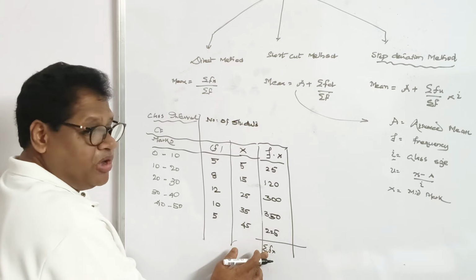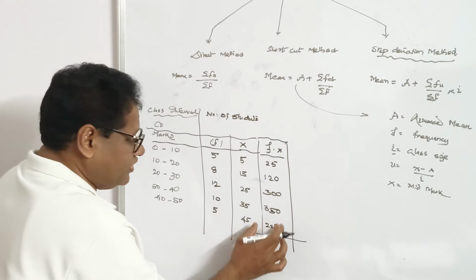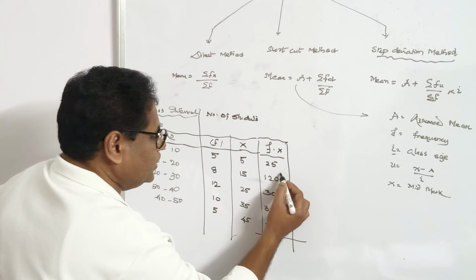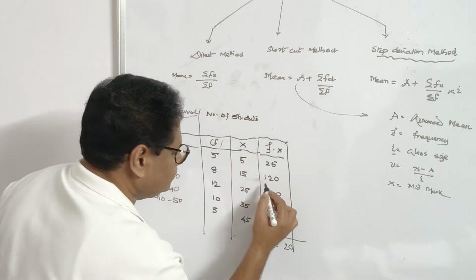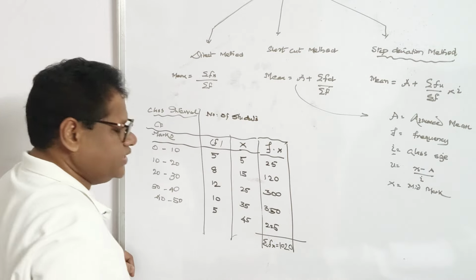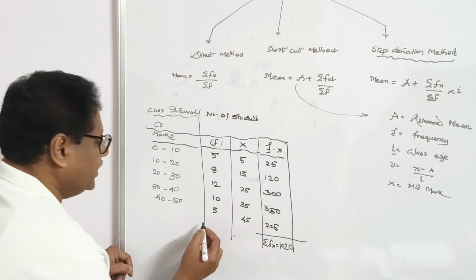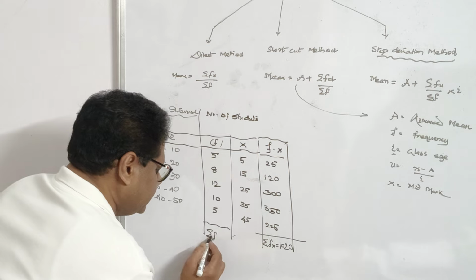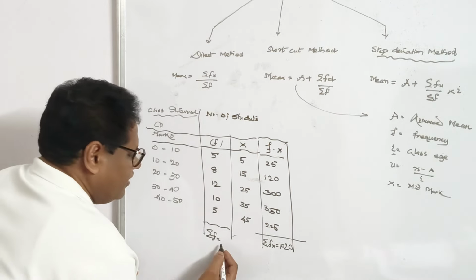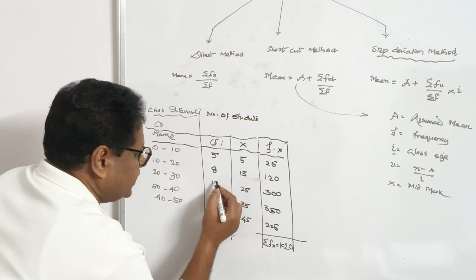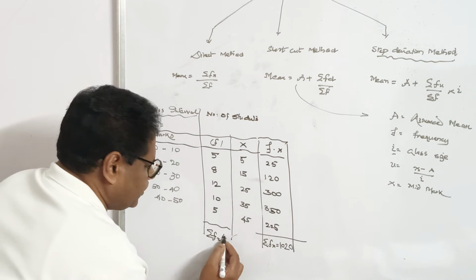Sum means sigma, so the sum of all the fx is sigma fx. The value comes to 1020. Then we have sigma f, that is the number of students. So the total is 5 plus 8 plus 12 plus 10 plus 5, that is 40.